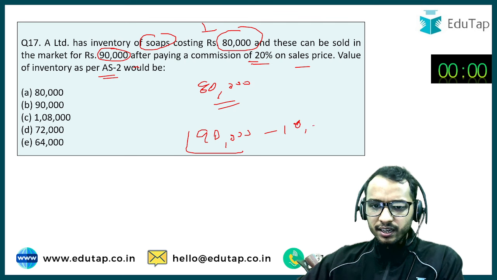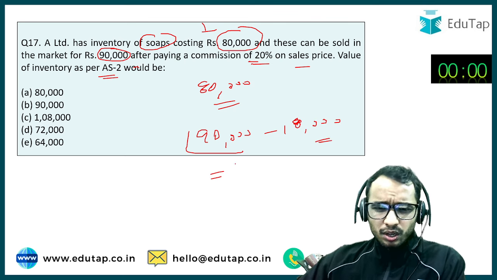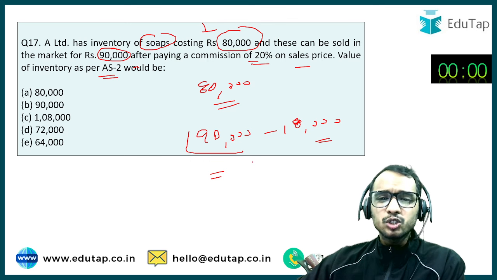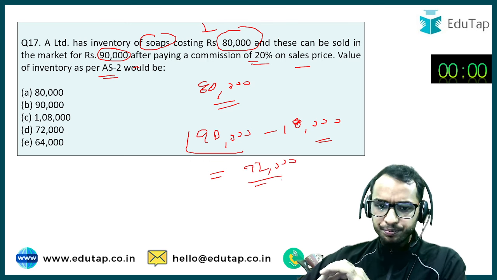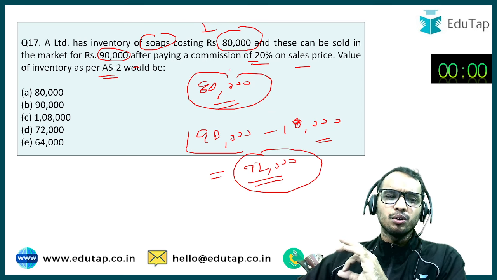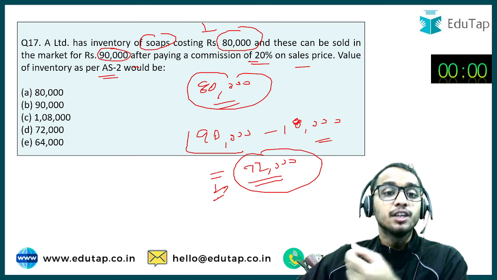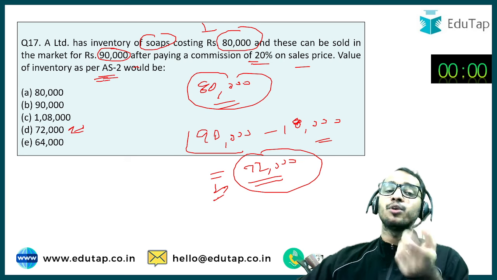So you are going to subtract whatever expenses you incur. So 90,000 minus 18,000 will be 72,000, right? So what is lower of 72 and 80? Obviously it is 72,000. So you are going to carry your inventory at 72,000 as per accounting standard 2.